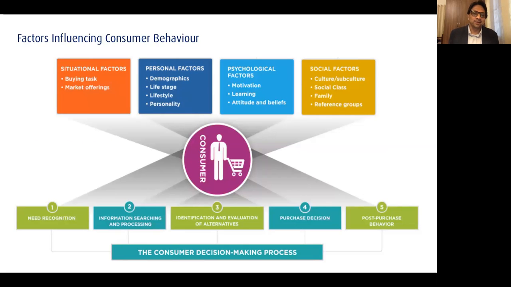All right. Next comes what are the factors that actually influence consumer behavior? Now, please remember there are broadly 4 or 5 factors. One is situational factors: the buying task.